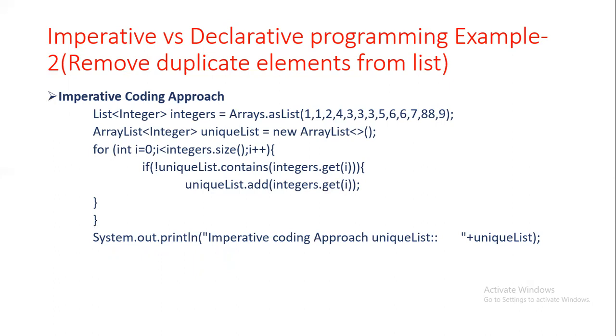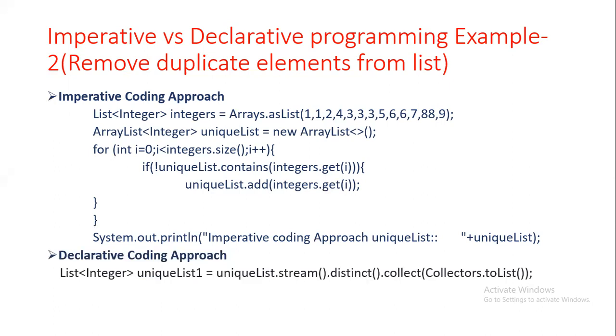This one we discussed right now, the declarative coding approach. First, there is a unique list. Here also we should take integers.